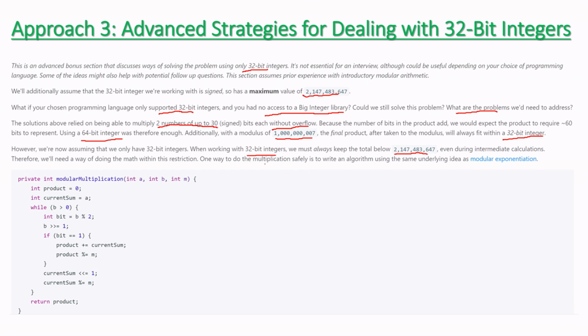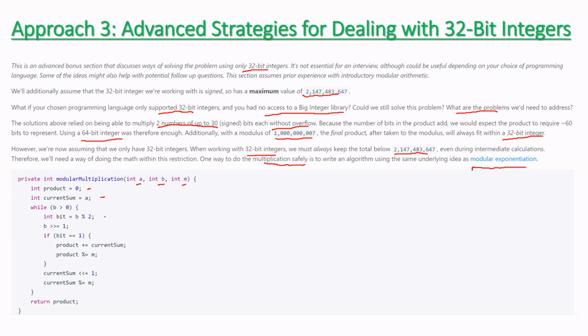One way to do multiplication safely is to write an algorithm using the same underlying idea, that is called modular exponentiation. So if you see the modular multiplication, we have int a, int b, int m, right? So we take product as 0 and current sum as a. Then we check if b is greater than 0.